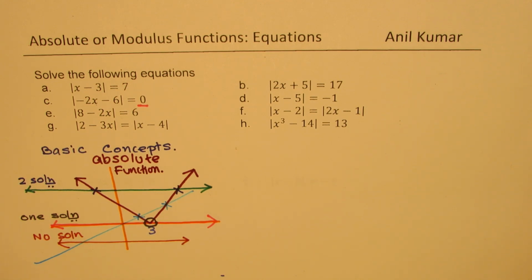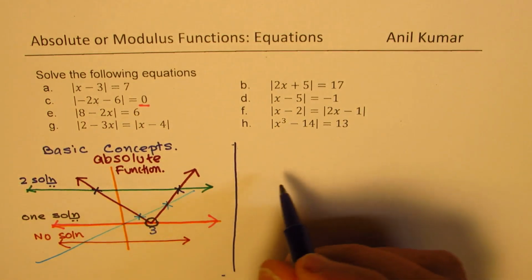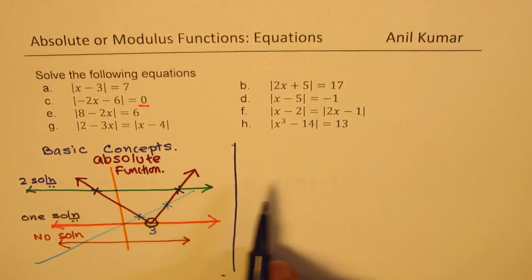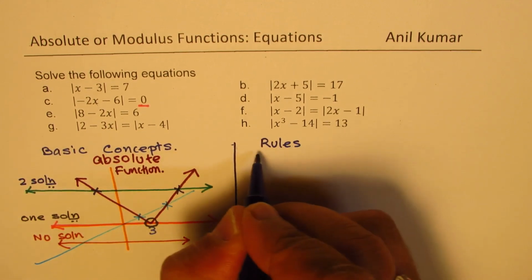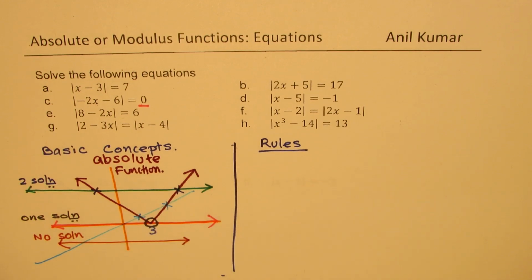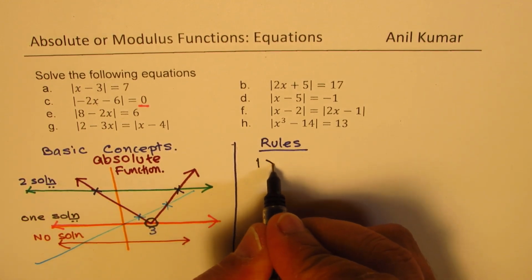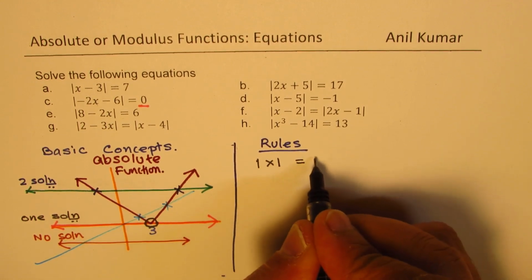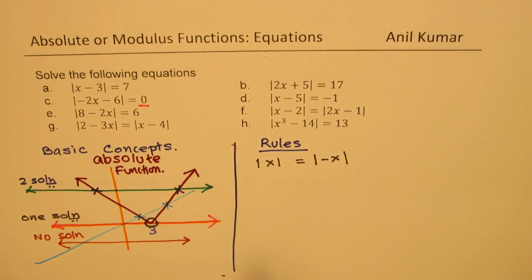Now, secondly, you should also understand few basic concepts which we are going to use as rules to solve absolute function equations. So you need to understand that absolute value of x is always equal to absolute value of minus x, right? Both are same things.